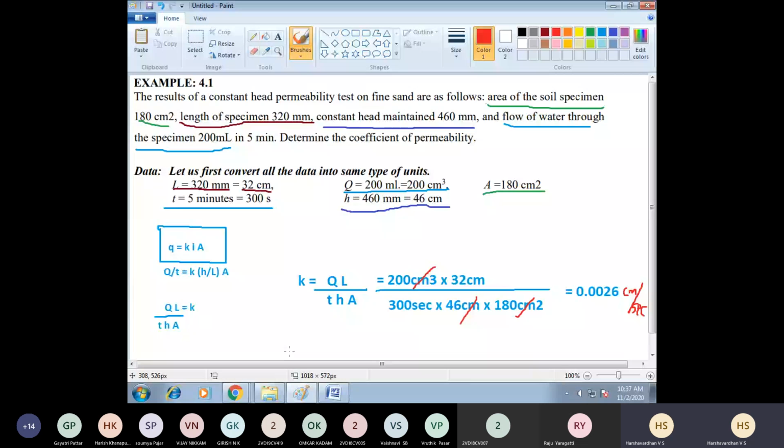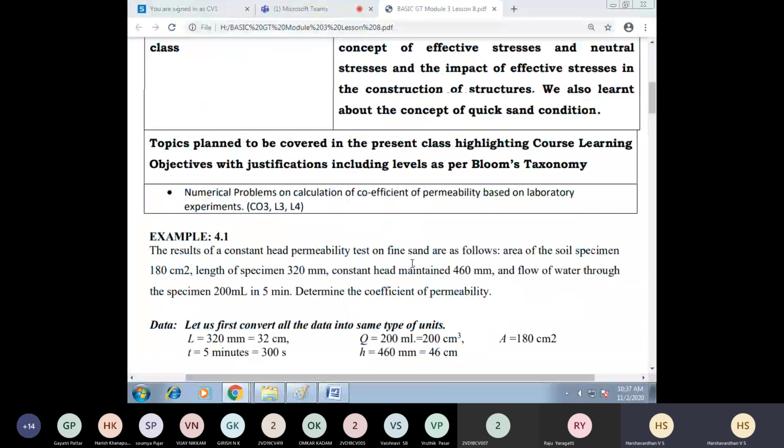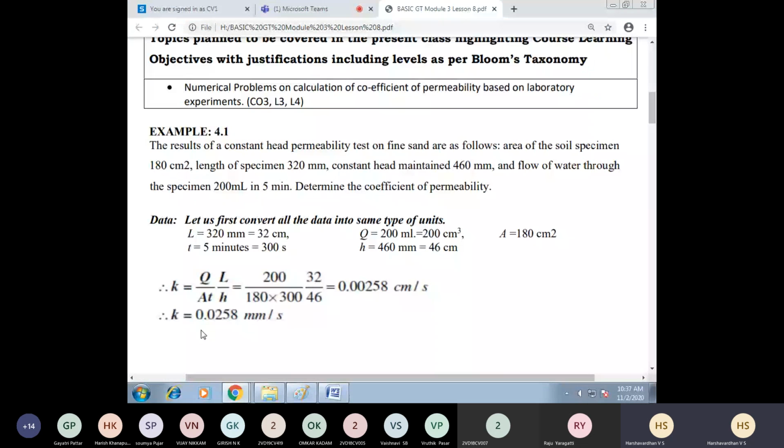Okay, we'll move to the next problem now. It is 0.00258 centimeter per second. Okay, the answer is correct.